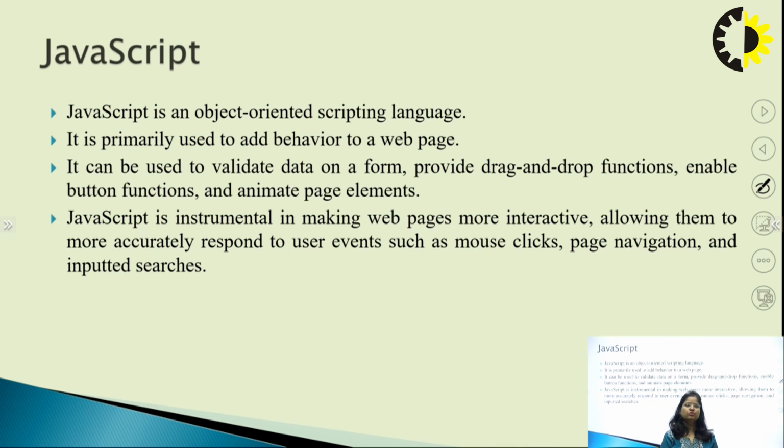It can be used to validate the data on a form, provide drag and drop functions, enable button functions and animate page elements. JavaScript is instrumental in making web pages more interactive, allowing them to more accurately respond to user events such as mouse clicks, page navigation, and input searches.